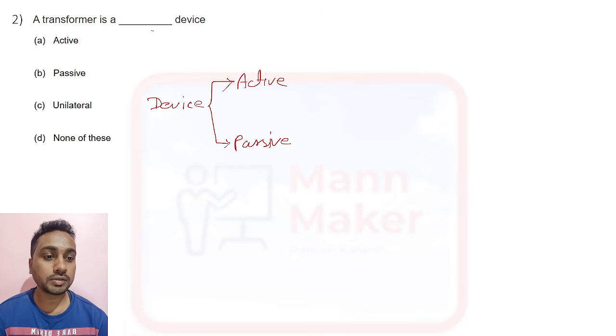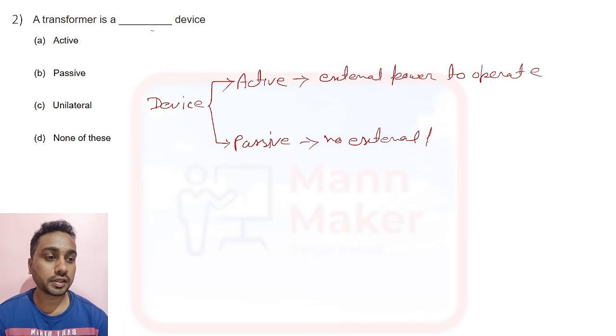Active devices are those which require external power to operate, and in passive devices, no external power is required to operate.